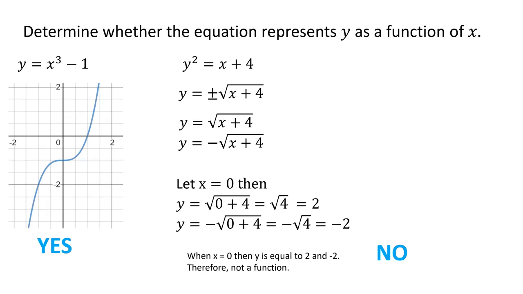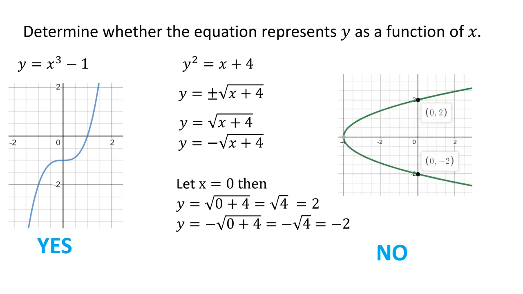Sometimes I'm going to get a positive, sometimes I'm going to get a negative. So this one is not a representation of a function because for a single x value, I have 2 different y values. And if I were to graph it, it's this parabola on its side, okay? As you can see, if I perform my imaginary vertical line test, it would cross my graph in 2 places. All right.